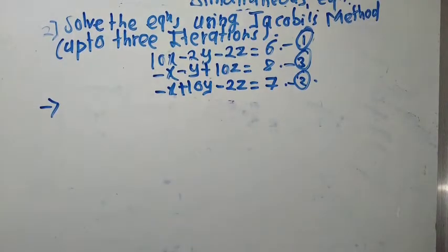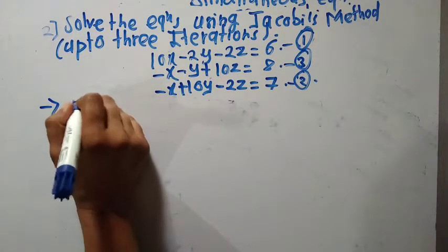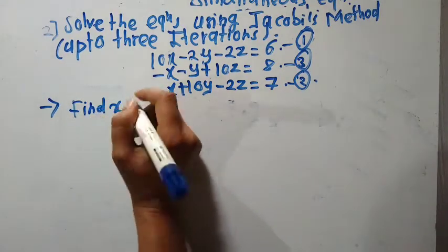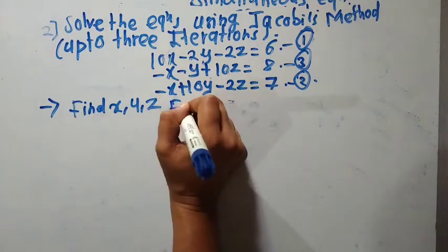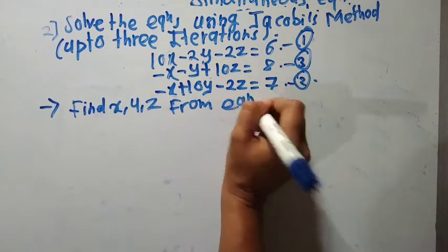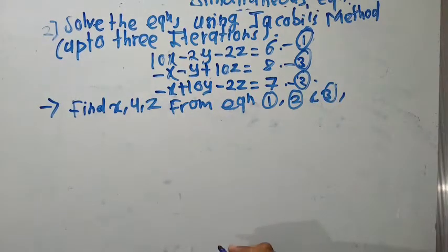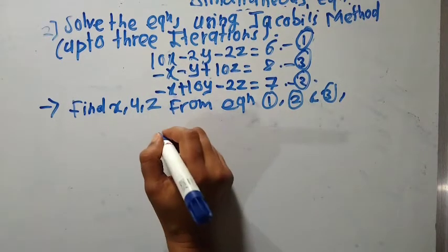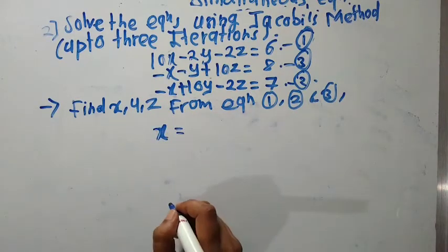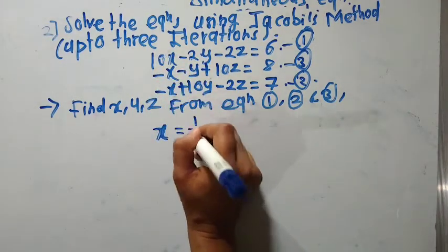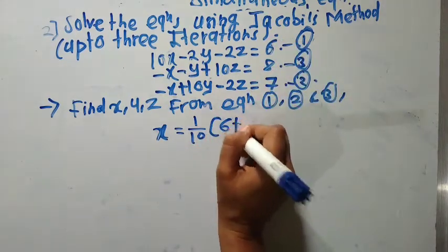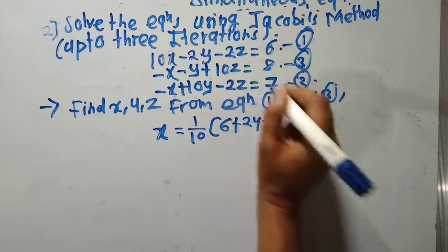So here first find x, y, z from the first, second and third equations. So x is equal to 1 divided by 10, 6 plus 2y plus 2z.